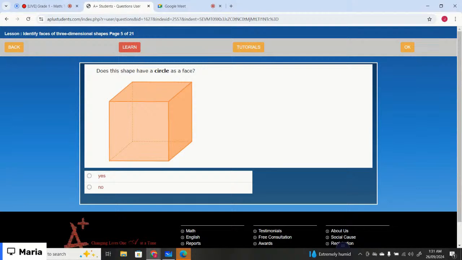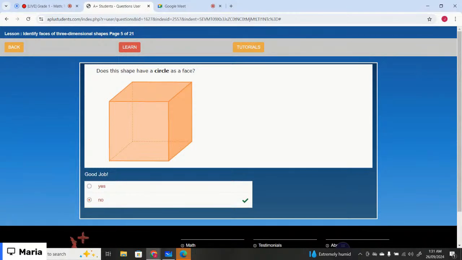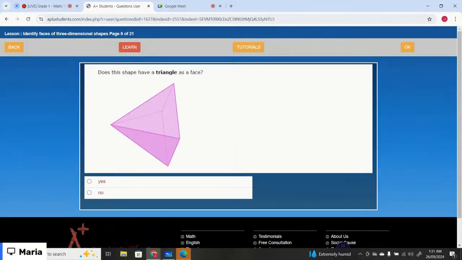Does this shape have a circle as a face? The correct option is no, the shape has no face as a circle. Does this shape have a triangle as a face?